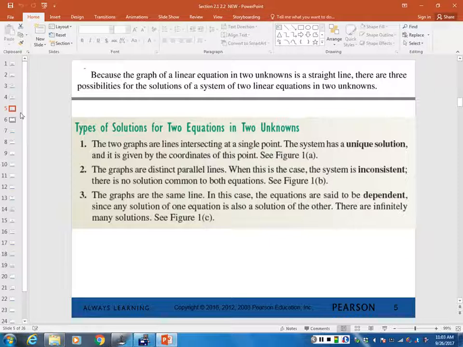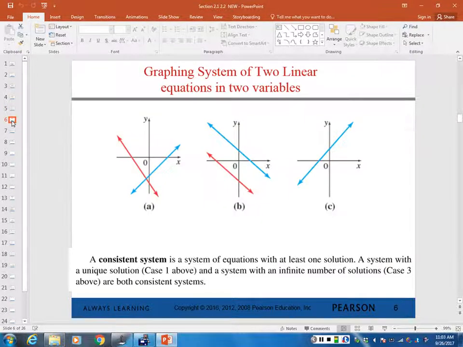So just so we have a clear picture of what could happen, in graph A we see a system of equations that has one single unique solution. And it's called a consistent system. Consistent systems have solutions. Inconsistent systems don't have solutions.